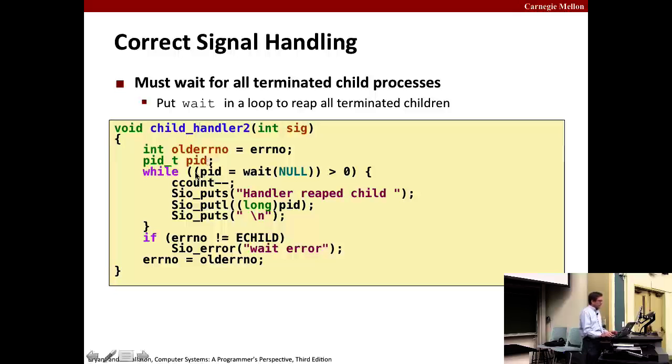So we execute this loop until there are no more terminated children, in which case wait will return an error code of -1 and an errno of ECHILD. This isn't really an error. It just means there are no more terminated children. So as long as errno is not ECHILD, then we have an error. Otherwise, we terminated normally, as we expected.